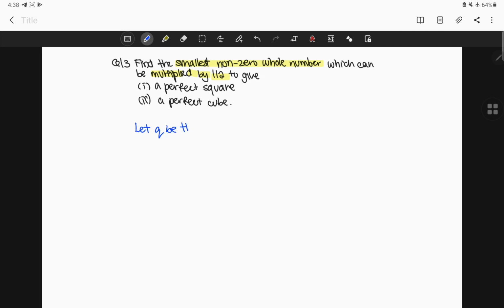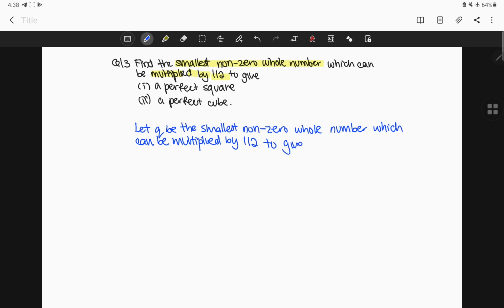So let q be the smallest non-zero whole number which can be multiplied by 112 to give a perfect cube.